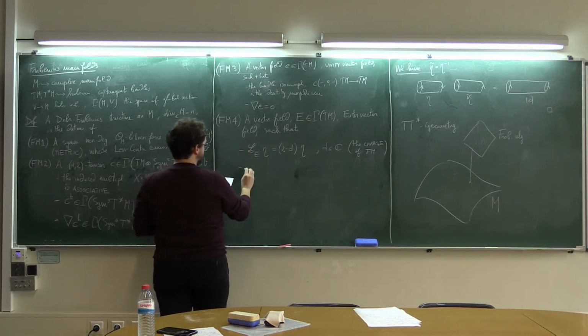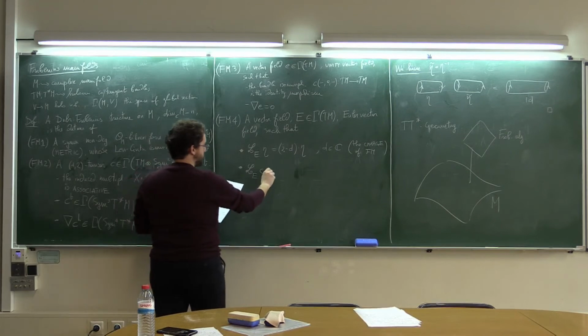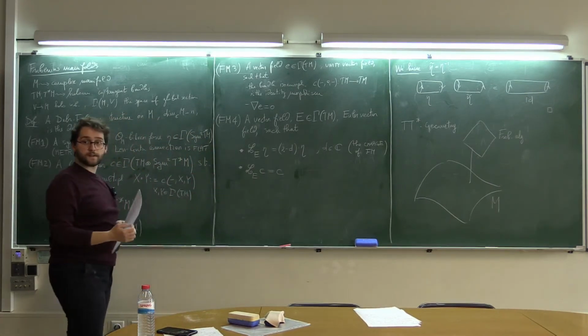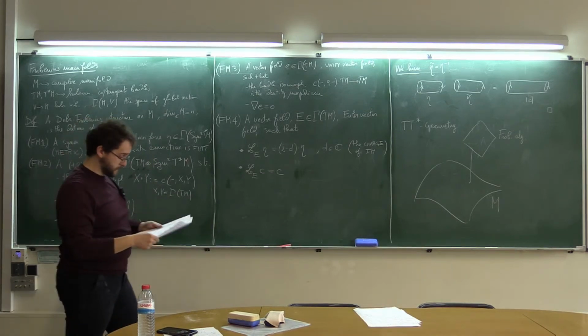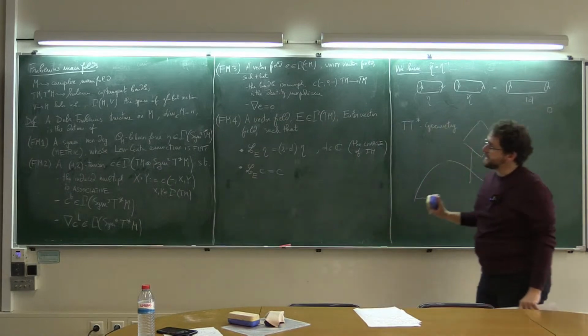And as I said, the flow of the Euler vector field preserves the structural constants of the Frobenius algebras. Okay, this is the definition.